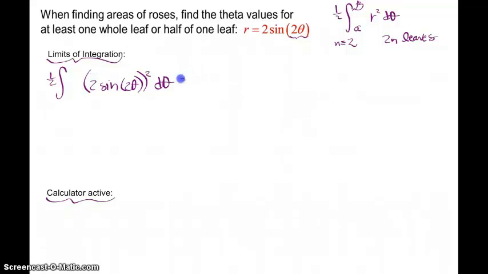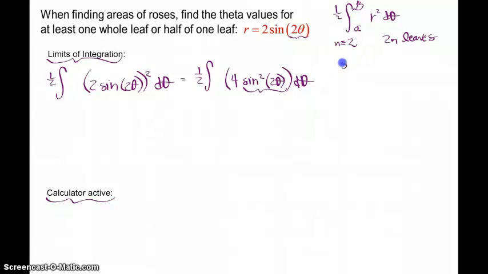Let's go ahead and clean that up a little bit more. 1/2, again, leaving the limits of integration for later. When I square everything here, I have 4 times the sine squared of 2 theta d theta. So again, for this part of it, I'm going to have to use one of those trig substitutions.